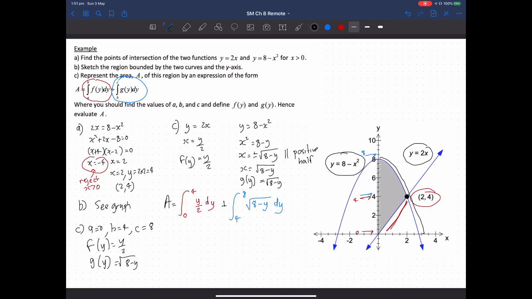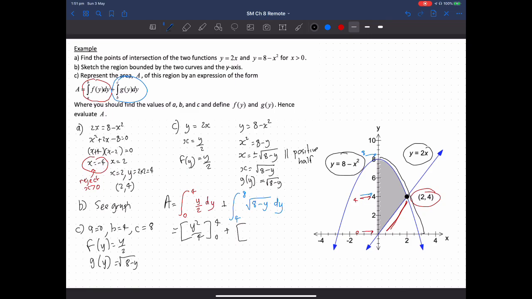Now we have to evaluate our integral. Area, anti-differentiating y on 2, I get y squared on 4 between 0 and 4, plus anti-differentiating, now remember, the square root of 8 minus y is 8 minus y to the half.